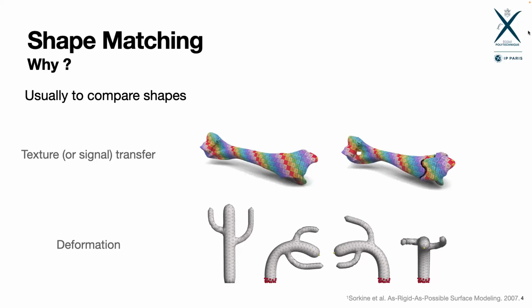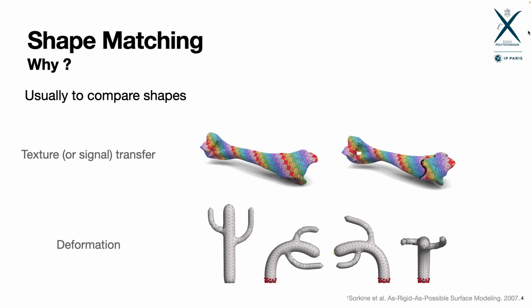The other one, which might be counterintuitive for some of you, is very useful for deformations. I know some people here work on deforming shapes without needing shape correspondence. But it's a matter of point of view: you can see deforming one shape into another as, if you have correspondences, finding the best deformation with respect to some energy, or, if you have a good deformation model, finding the deformation which aligns with the correspondences as much as possible.